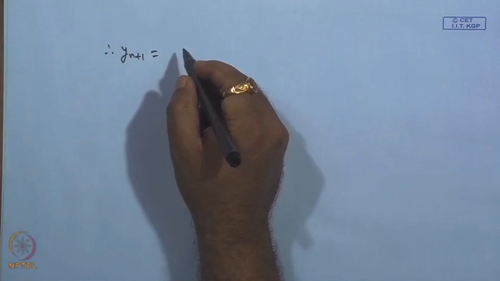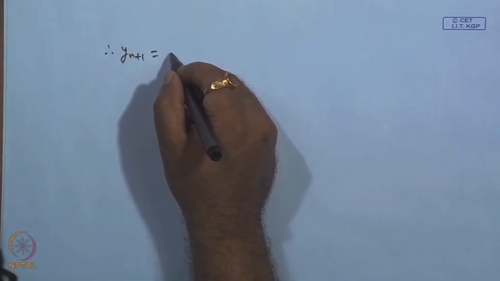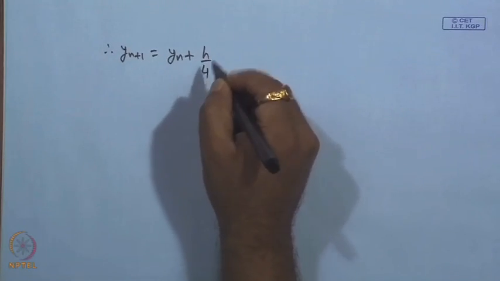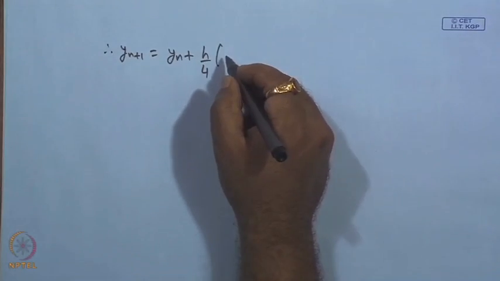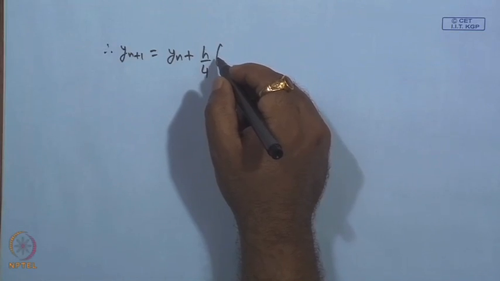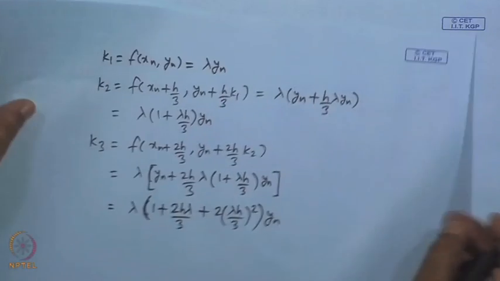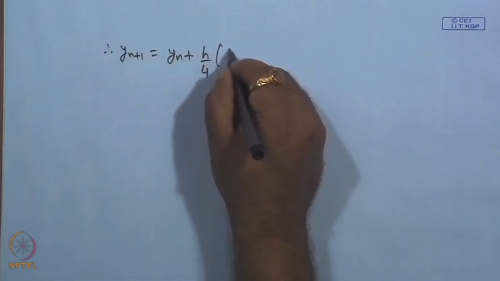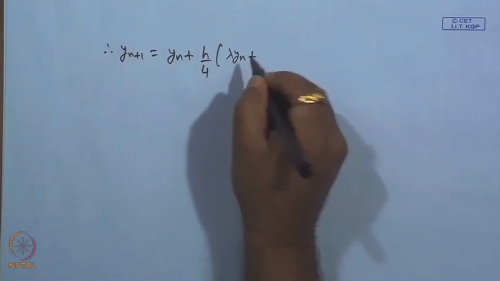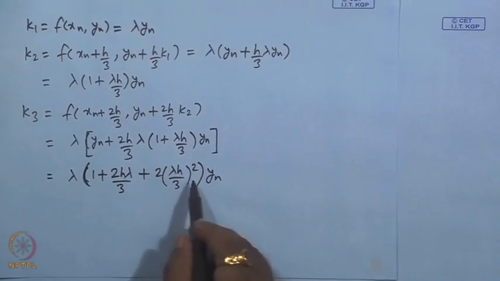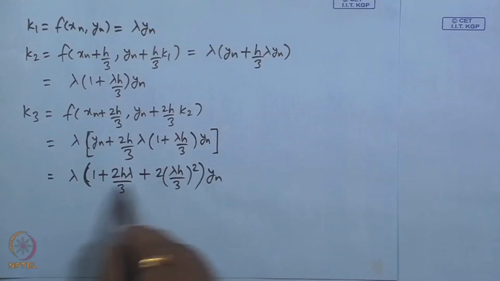Therefore, y n plus 1 is y n plus h by 4 times k 1 plus 3 k 3, since this is the method. So, k 1 is lambda y n, and k 3 is this much.